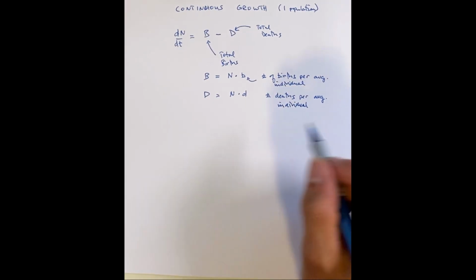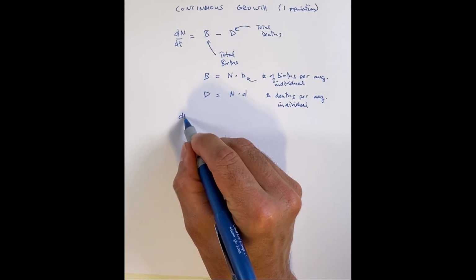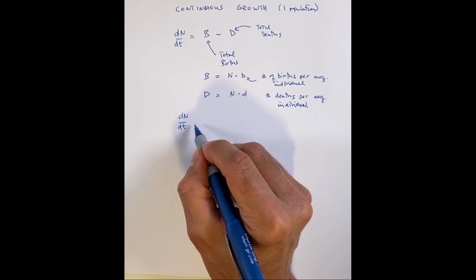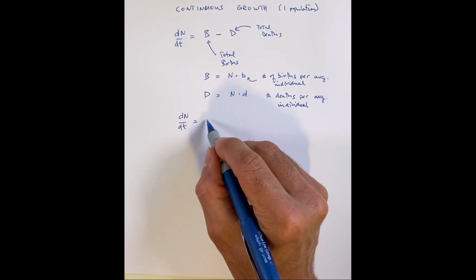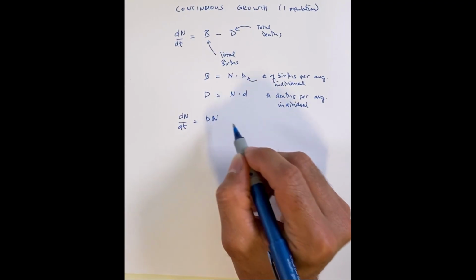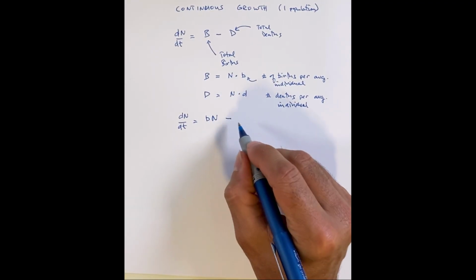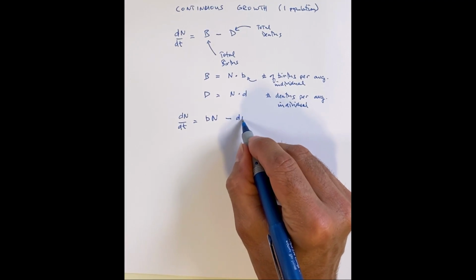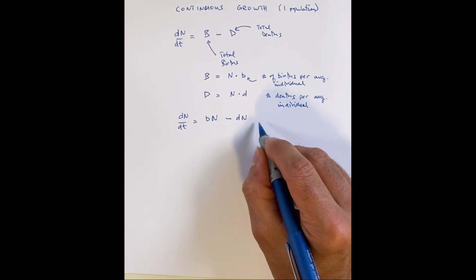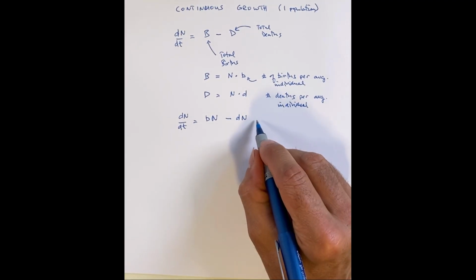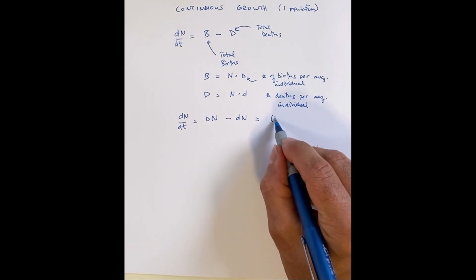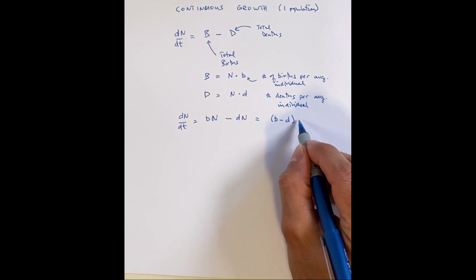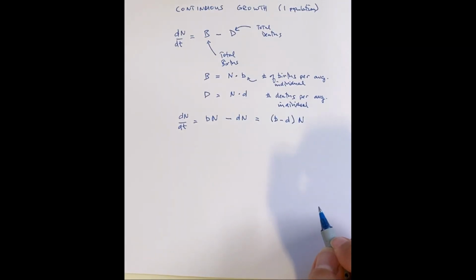When you put these two numbers together, dN/dt is going to be little b times N. I've just switched the b and the N for kicks. And little d times little N is the rate of death in that population.